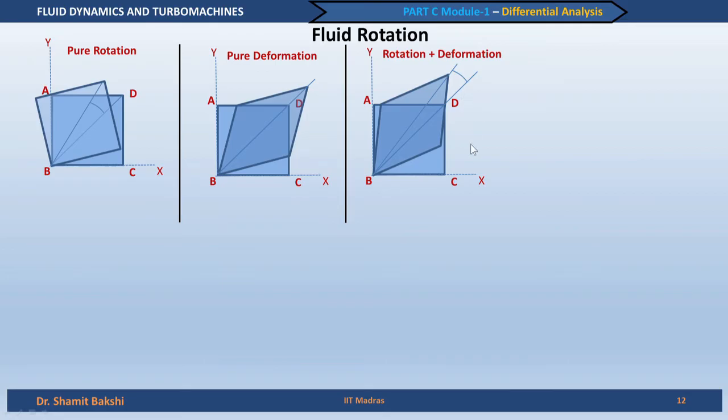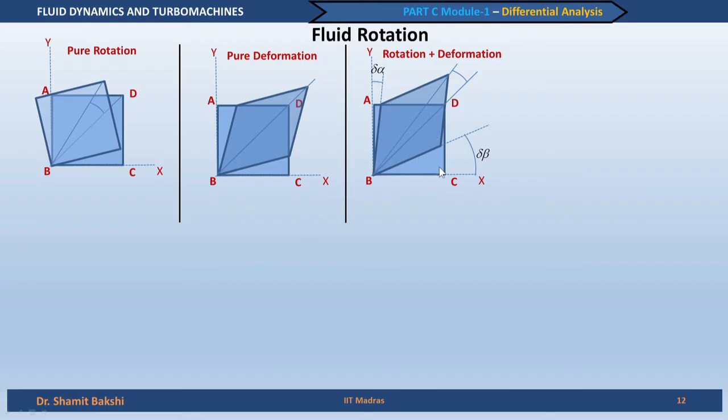To find that out, let us say that this angle is subtended by the final position of the lower edge of this element with the initial position, and delta alpha is the side edge. It has rotated in a clockwise direction, whereas this has rotated in an anti-clockwise direction.